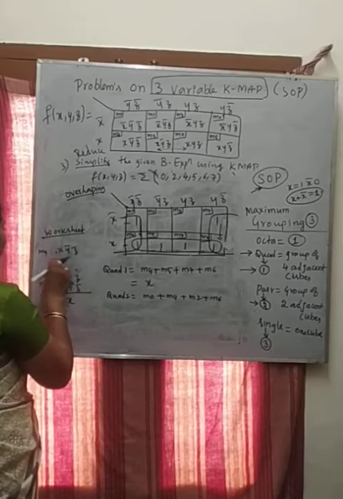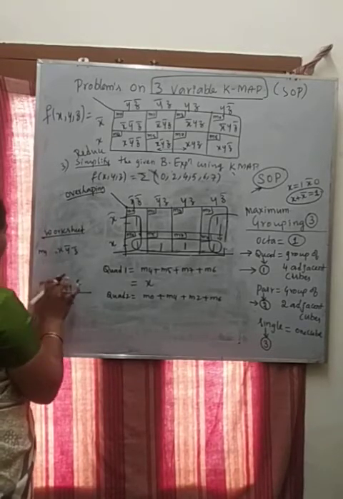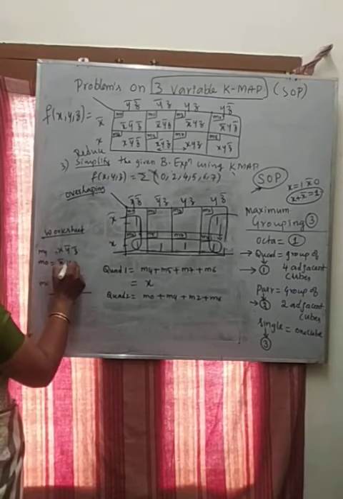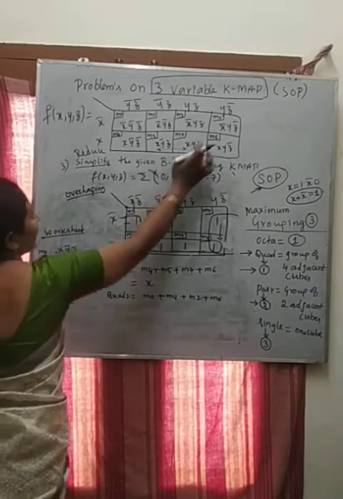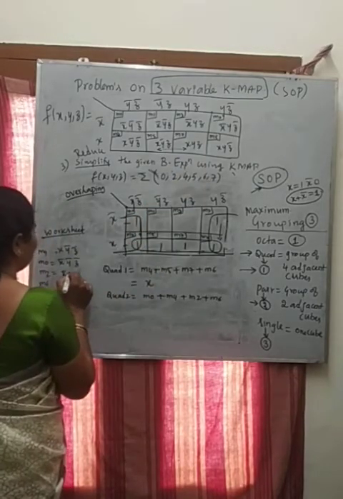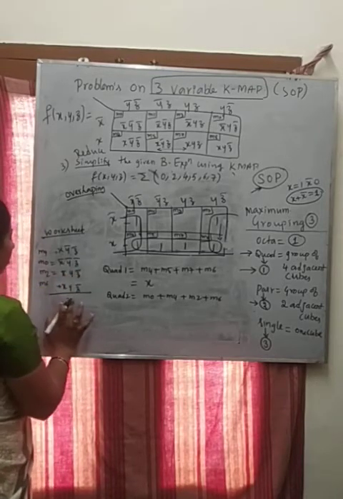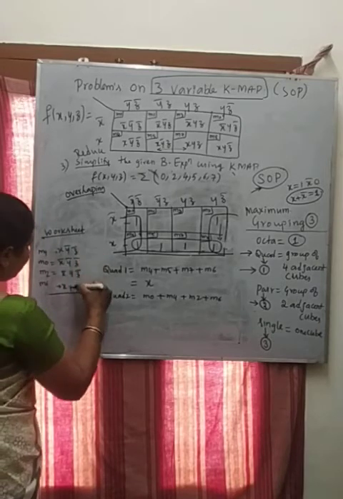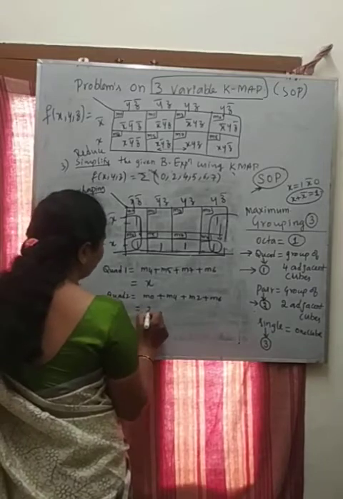M0 is X bar, Y bar, Z bar. What is M2? X bar, Y, Z bar. See here, what is common now? Is it common? No. Is it common? No. Yes, Z bar is common. Here you will get Z bar.